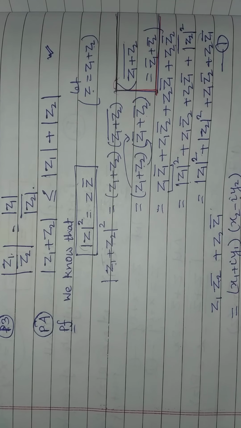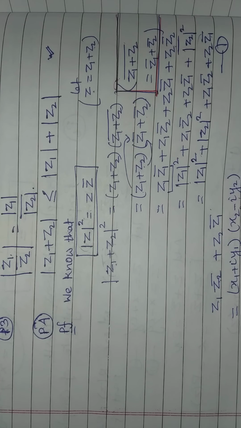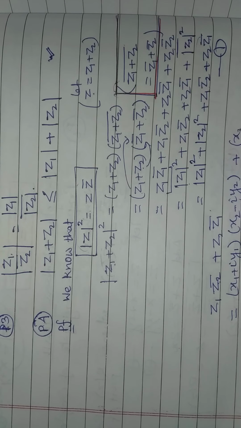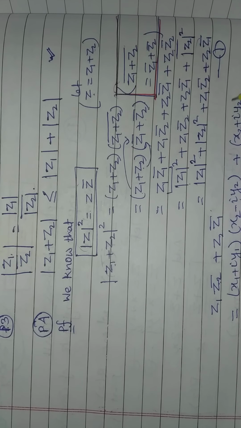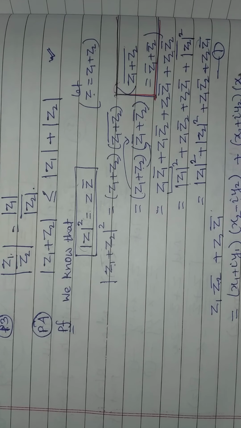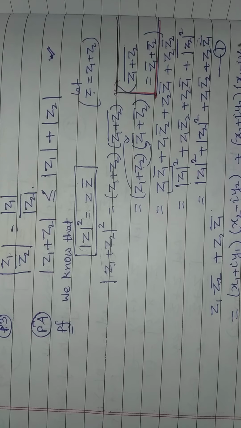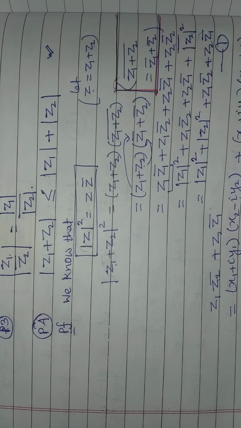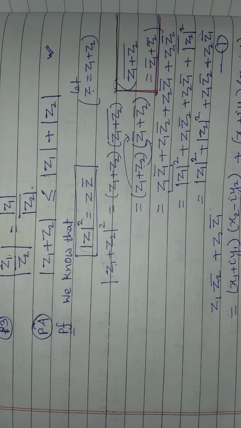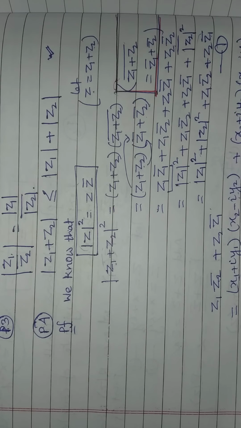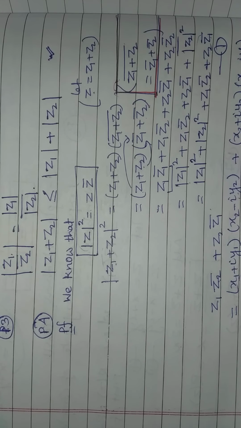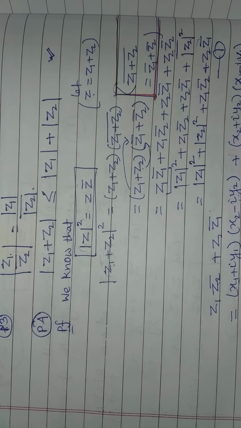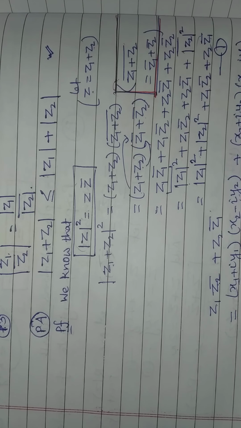Z2 is x2 plus iy2, and Z1 bar is x1 minus iy1. If we multiply here, x1 x2, then i x1 y2, then i y1 x2, and here will be minus i square y1 y2.